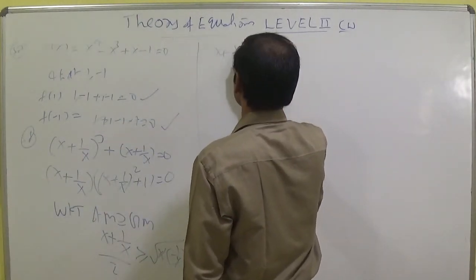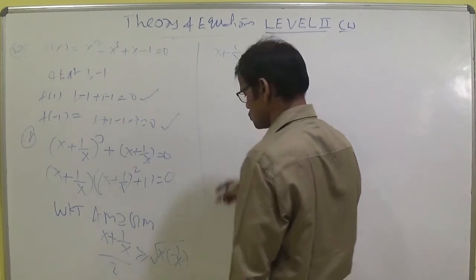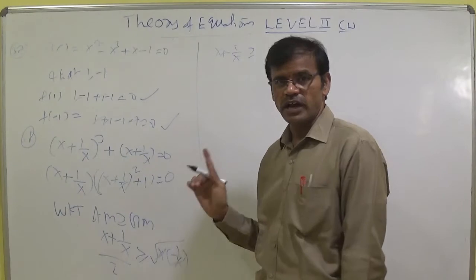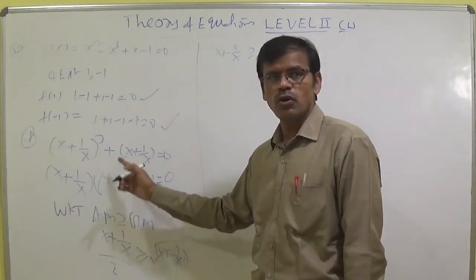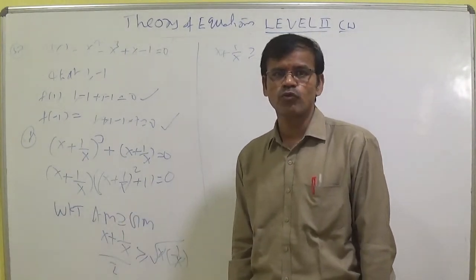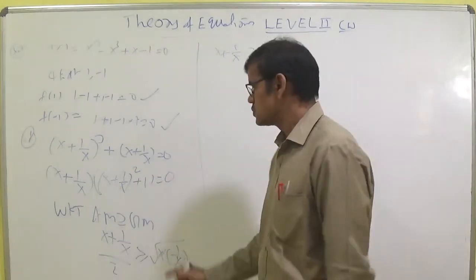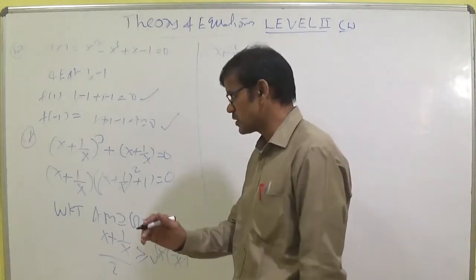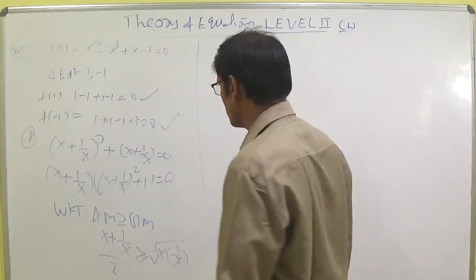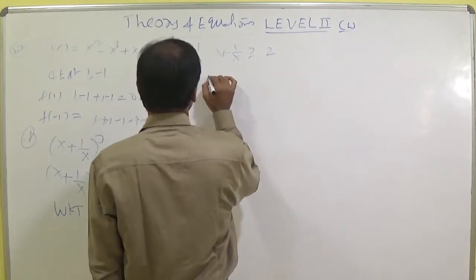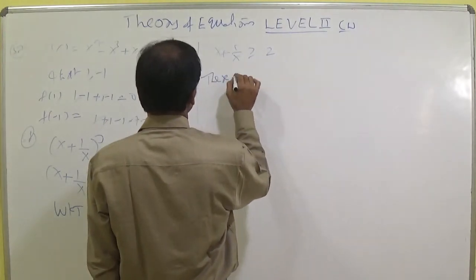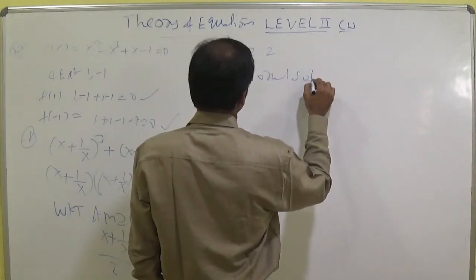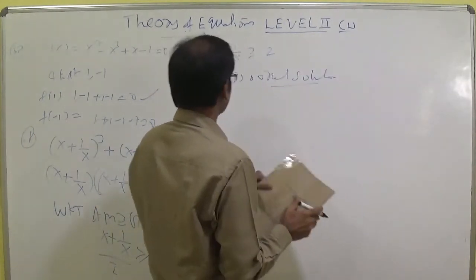So x plus 1 by x is greater than or equal to 2 into root 1. The minimum value is 2, so 2 whole square becomes 4, and 4 plus 1 becomes 5. It is never 0, so it is not possible to get the value 0. There is no real solution.